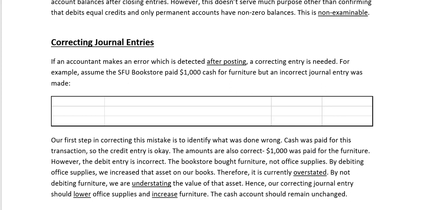So I'm going to go ahead and make an incorrect journal entry here. May 13th, and I'm going to debit office supplies. This is a realistic error. We can confuse furniture for supplies. And we're going to say $1,000, so the amount is correct. And the credit for cash is also correct.